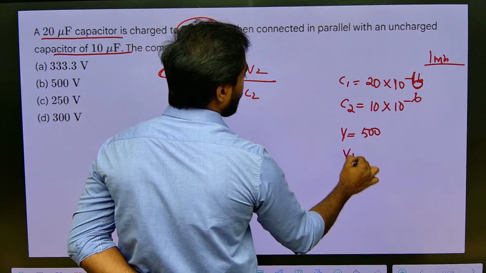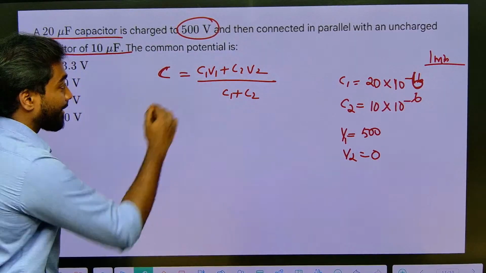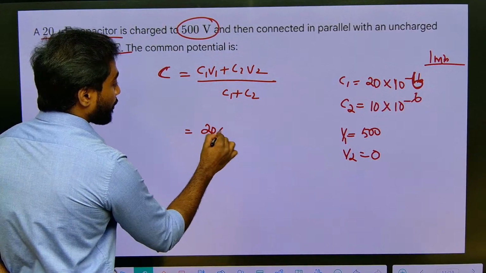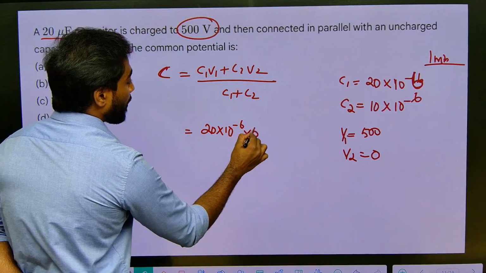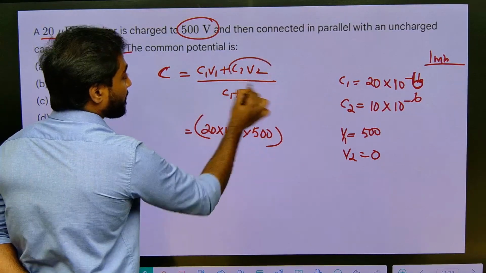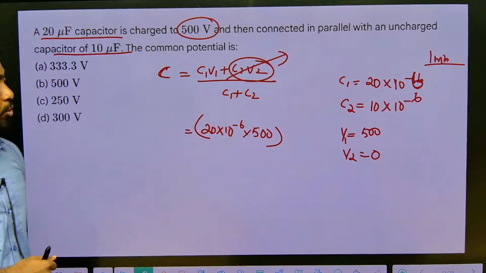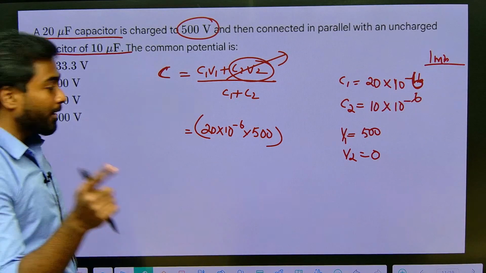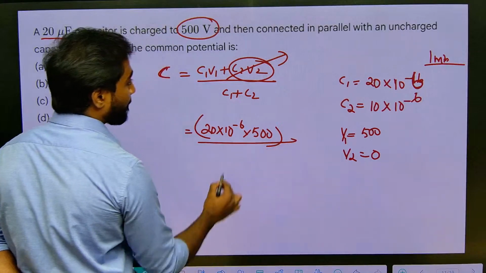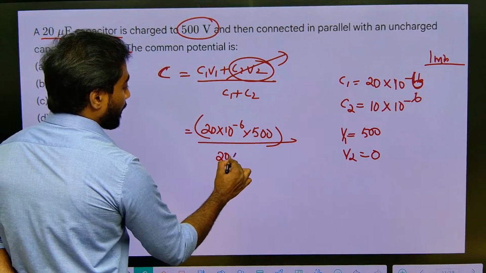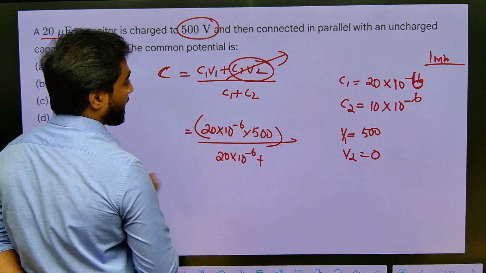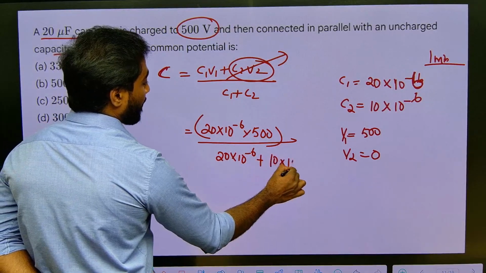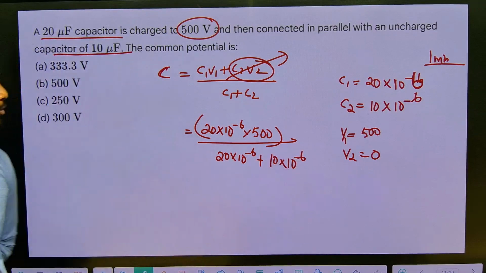What about V2? It is 0. Now you can calculate it here. So 20 into 10 power minus 6 into 500, and this is 0 now, I can neglect this out. So C2 is there but V2 is 0, so 0 into something is 0, divide by 20 into 10 power minus 6 plus 10 into 10 power minus 6. So now give the answer first.